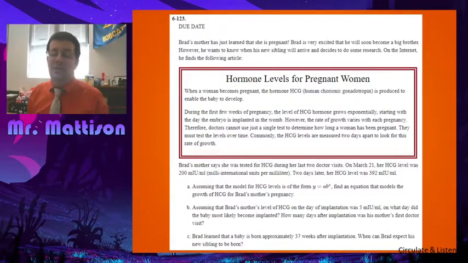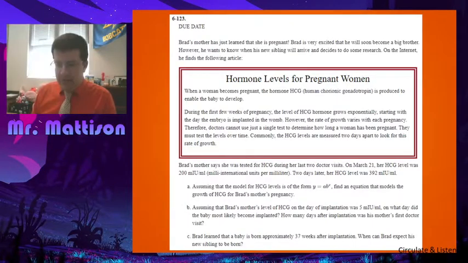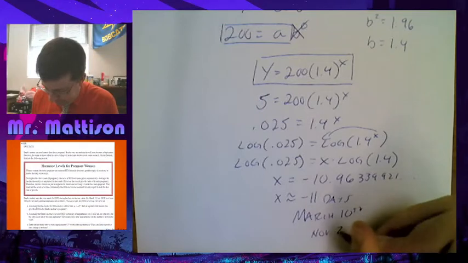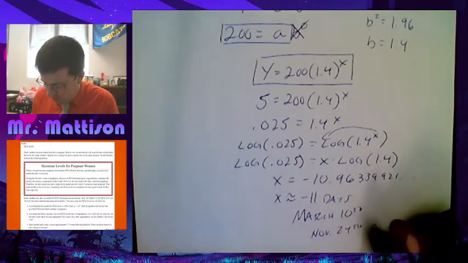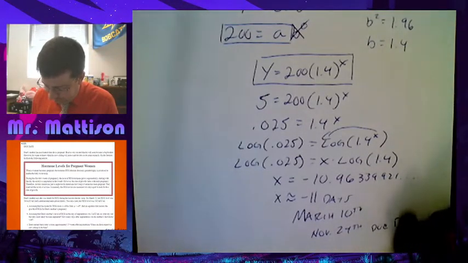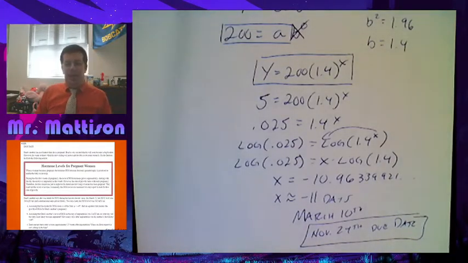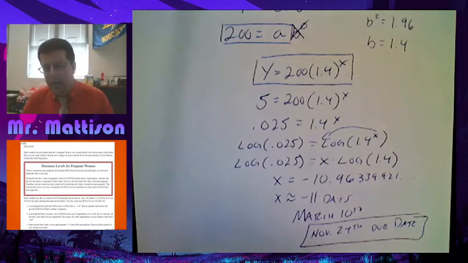So if I do 37 weeks past this, we actually end up at November 24th. And that's our due date. So there we go. That's how we can make a prediction for due dates.